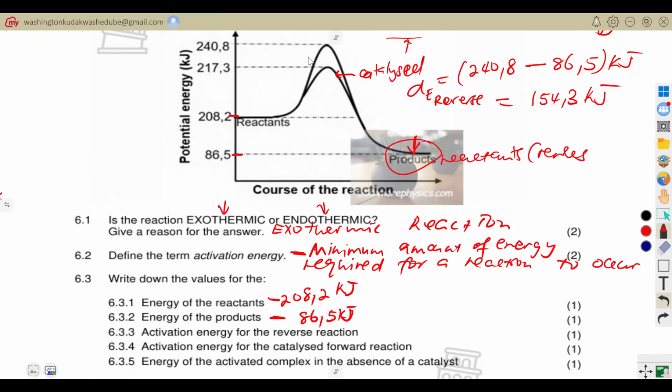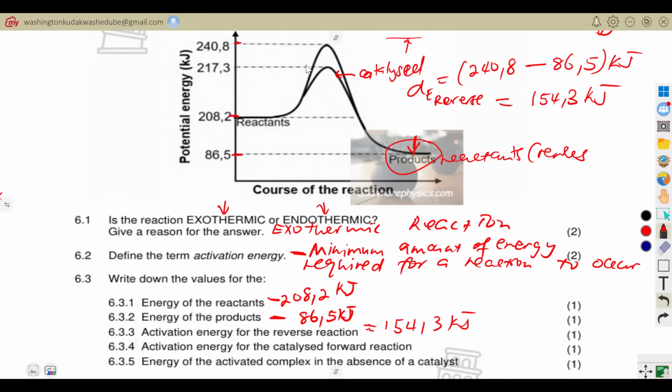So these now become the reactants of the reverse reaction. And then you say the amount of energy at peak minus that of reactants. That's when you get your activation energy. So the answer there was just 154.3 kilojoules, the one that you have just found. And then now they're asking for the activation energy for the catalyzed forward reaction.